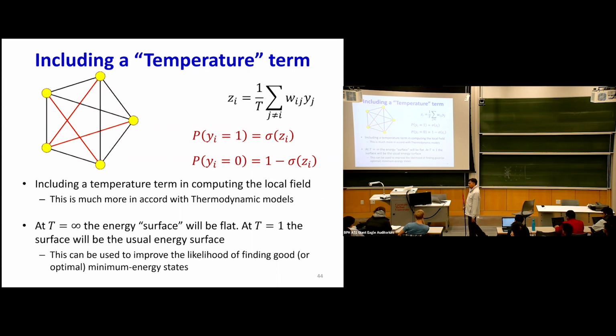So we want to implement the same concept here as well. Now, instead of just defining the field as the weighted sum of all of the neurons, I can do it as 1 over T times the weighted sum of all of the neurons, where T is a temperature parameter. When T is 1, this is the standard thing that we just saw, right?